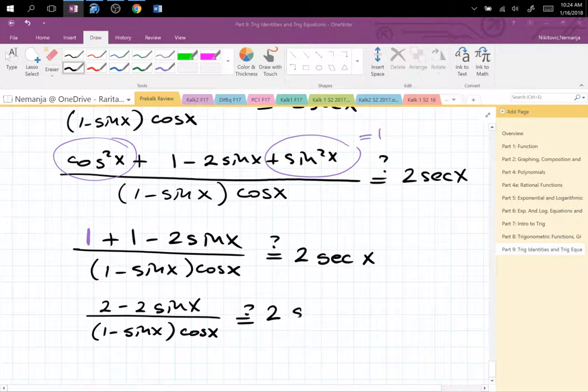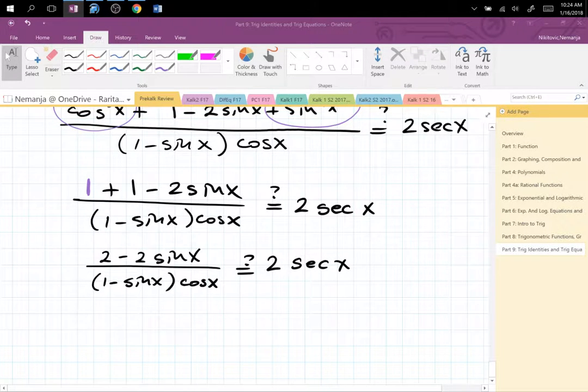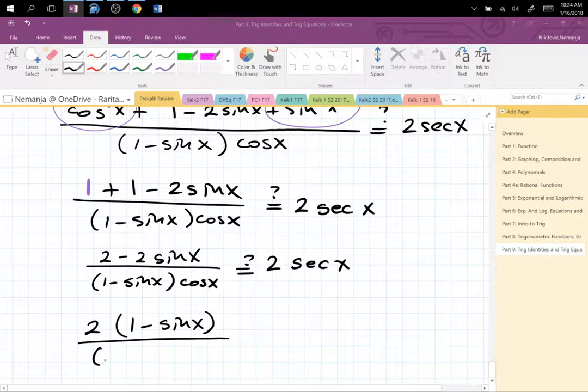Because I see I can factor out 2 in the numerator. When I factor out 2, I'm left with 1 minus sine x, and guess what cancels? Whee!